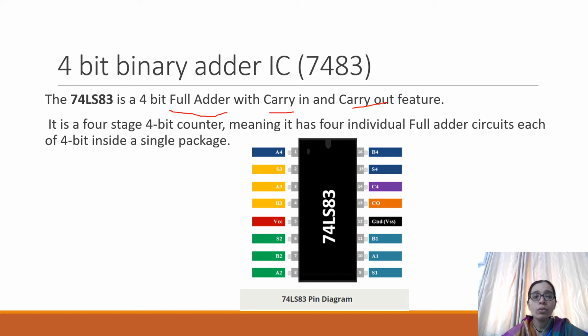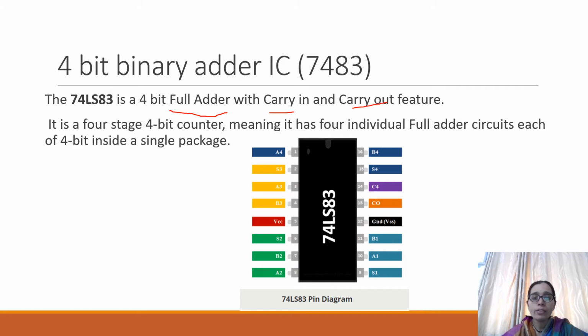As it is a full adder IC, it adds the bits, as we have studied in the previous slides, and it is a 4-bit adder, meaning that it has 4 individual full adder circuits inside a single package. So this is the pin layout of the 7483 IC.